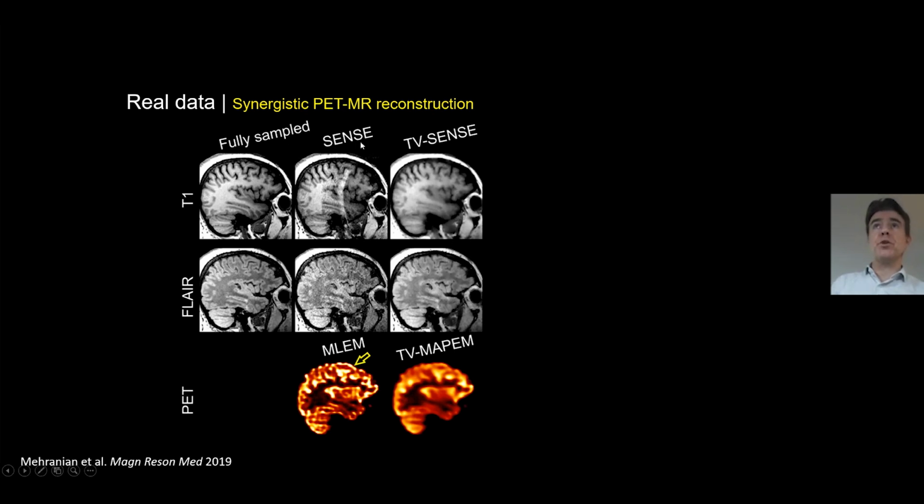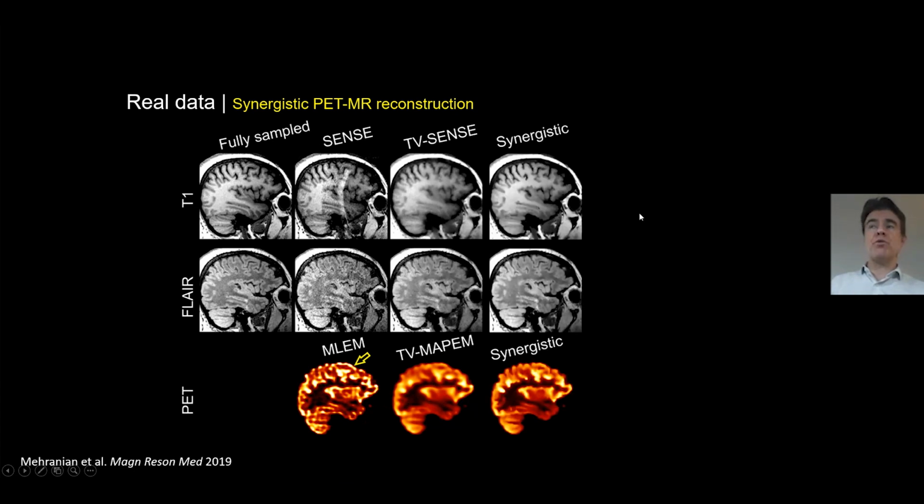Again, maybe I should just focus on the undersampled MR. We've got the familiar aliasing artifacts here that are visible in the FLAIR and in the T1. We've got the noisy MLEM. If we do a conventional regularization, total variation SENSE reconstruction for MR, we get this result. Total variation regularization for the PET, we get that.